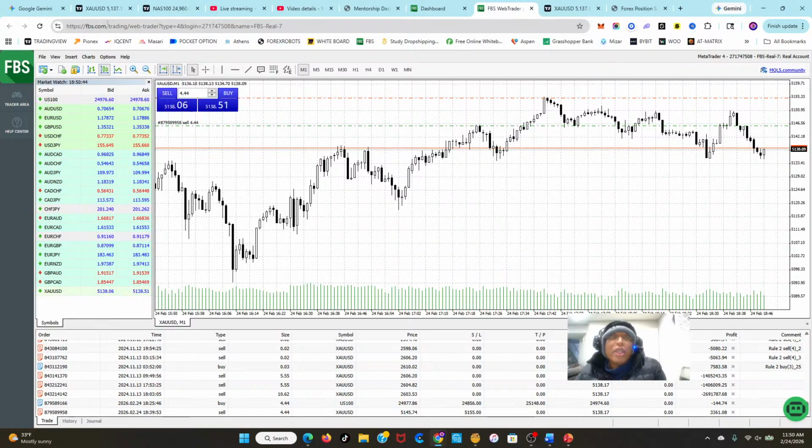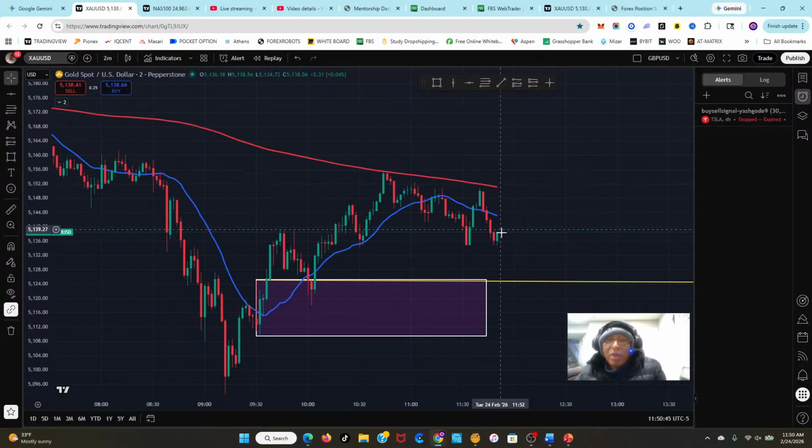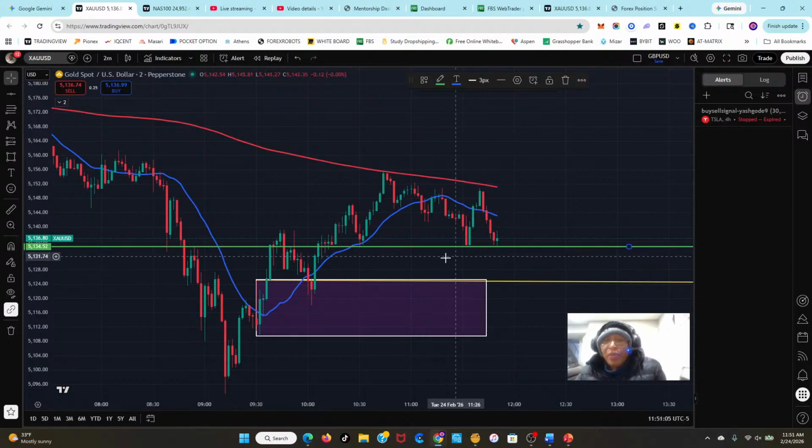Okay, now it's printing a green bar. There we go, strong green bar from here. Because of this not allowing it to go further down. Here, like some support is right here. See that line right there? Tells you something, okay?